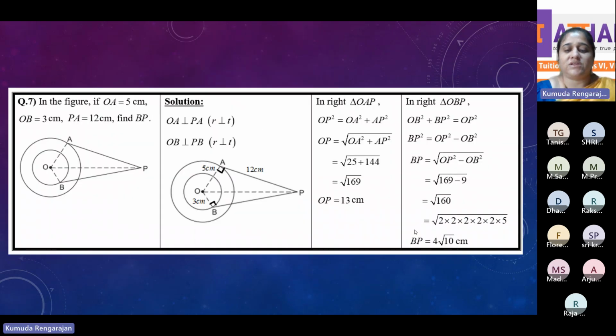Children, please take a screenshot. It's time, so you can complete this by yourself. Take a picture, children. Simply use Pythagoras theorem, that's all. We have two right triangles, but be careful while using Pythagoras theorem. Identify the hypotenuse correctly. Any doubts here, children?